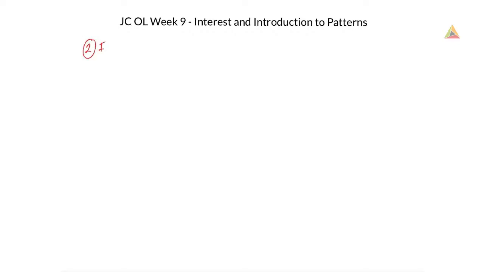Okay, so we're still in the second section, introduction to patterns. So we have another type of pattern and it's known as a quadratic pattern. And the way we can find out whether it's a quadratic or not is we get what we call the second difference. So I'm going to give an example here.